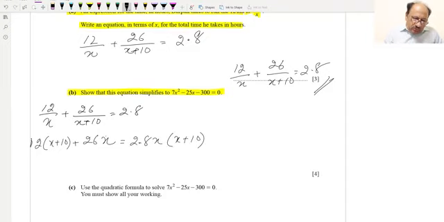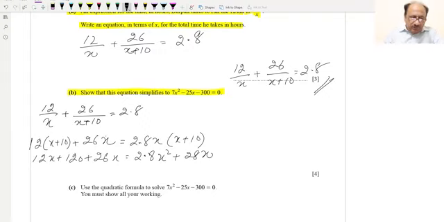If you understood this step, it means your algebra is fine. But if you don't understand this step, you will have to revise your algebra. This is what I will suggest. So now we can open the brackets. It will be 12x plus 120 plus 26x is equal to 2.8x squared plus 28x.